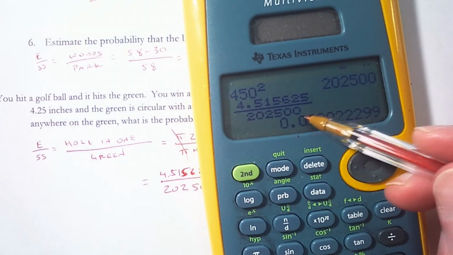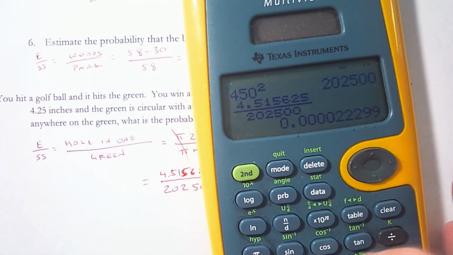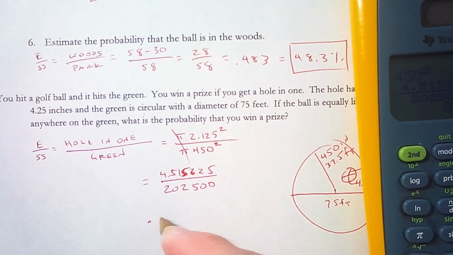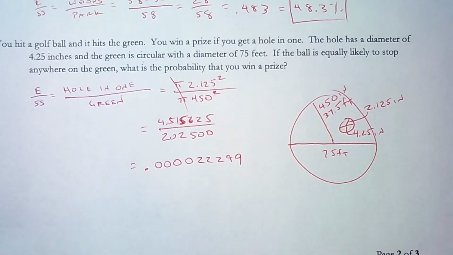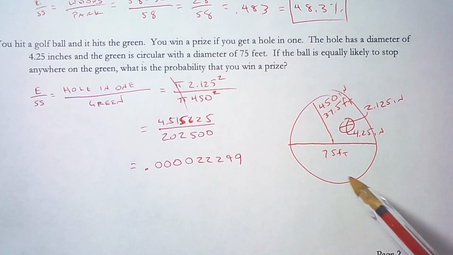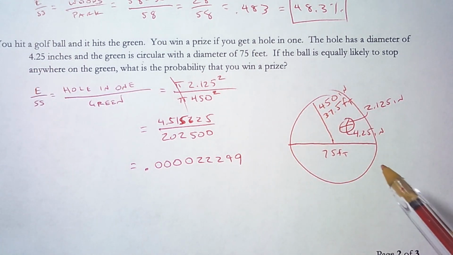So that is 0 point and then 1, 2, 3, 4 zeros. So 0.000022299. So the probability of getting a hole-in-one if you can land it on the green, which, by the way, is not really a certainty in real life.